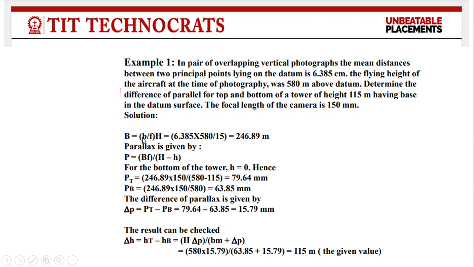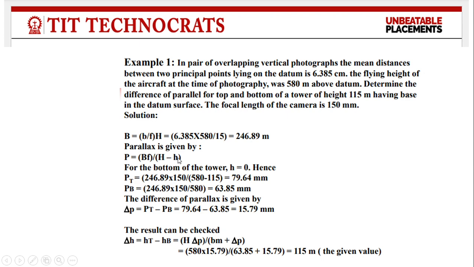Capital B is equal to b upon f into H. So it is 6.385 divided by 150 into 580, which comes out to be 246.89.